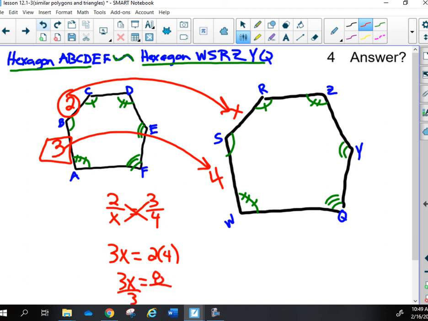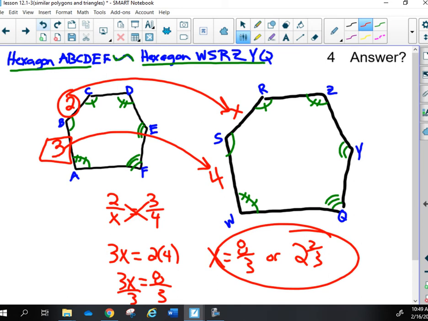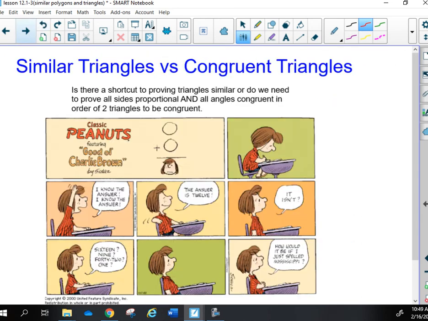So it looks like my missing side is going to be 8/3, which is the same as 2 2/3. Now, that's if they are similar. That's the only time you can set a proportion up, is if I give it to you, or the book or the worksheet gives that to you.